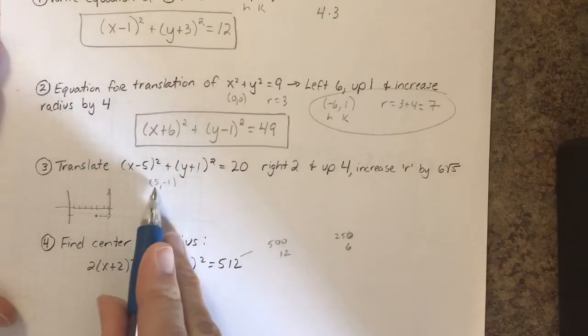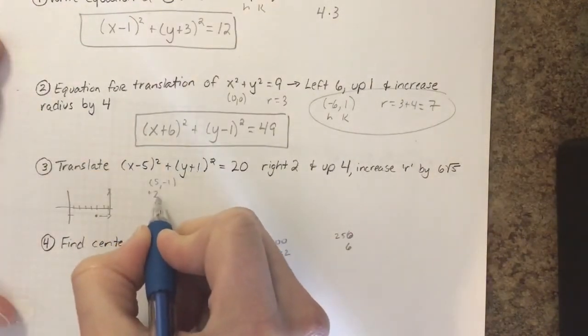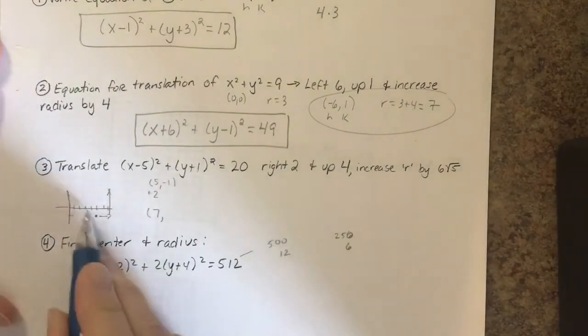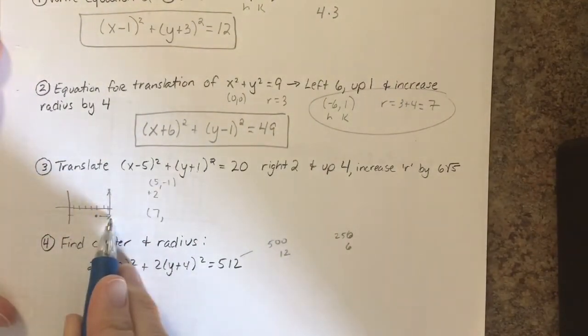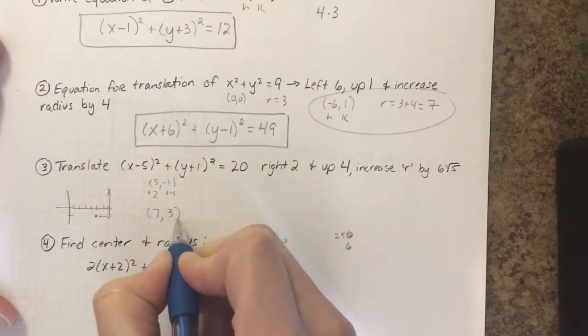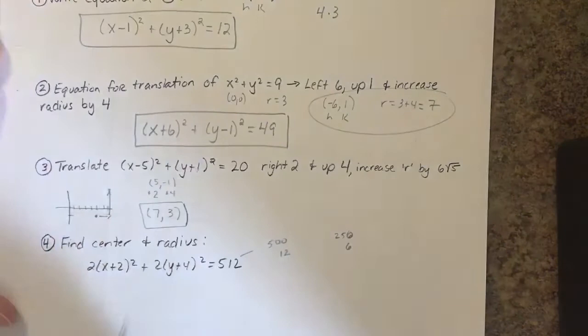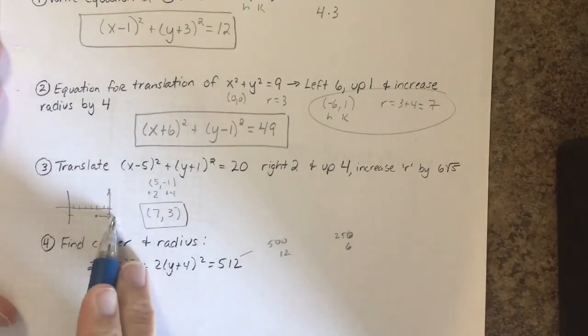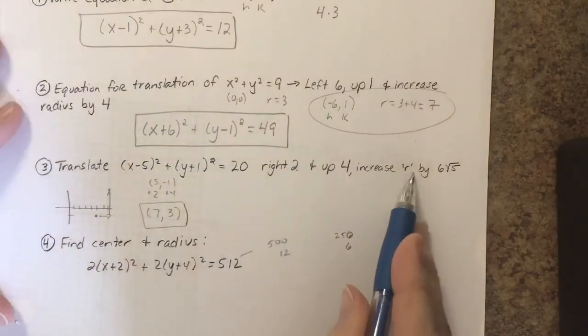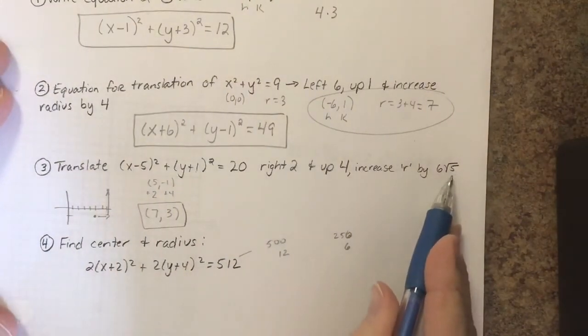Where will that move? That's 2 more to the right, so plus 2. My new center will be 7. And then 4 up, so plus 4, that's 3. Here's my new center. Now I'm going to increase the radius by 6 square root of 5.